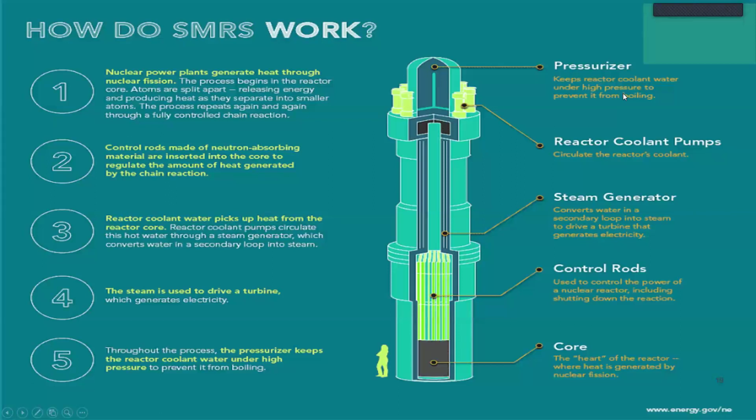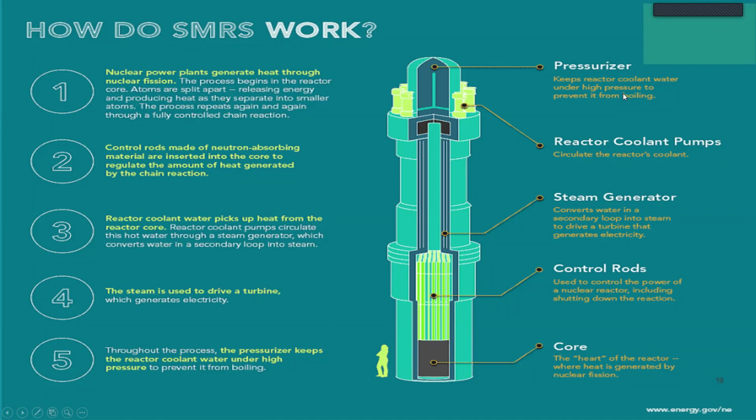Like we said before, they use the same concept used by other reactors, which is nuclear fission. The heat generated through the splitting of an atom is used to heat water, and we get steam. This happens at the core of the reactor. Control rods control and regulate the heat in these chain reactions.